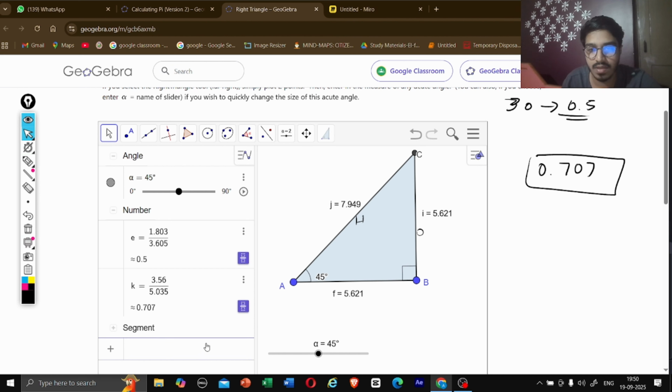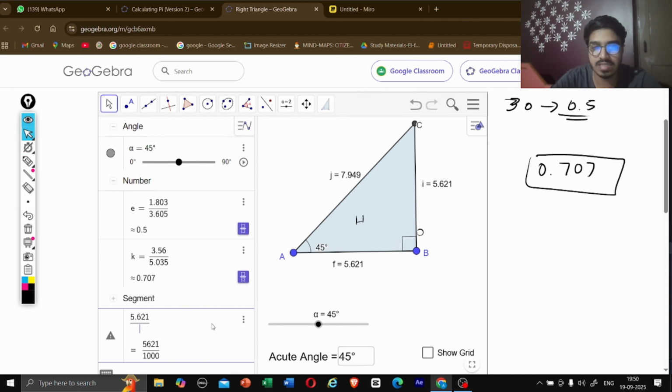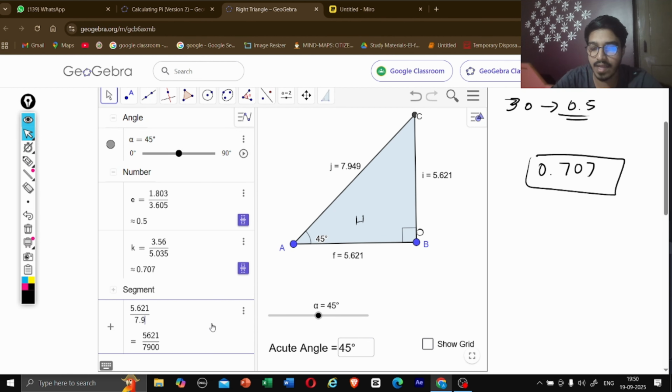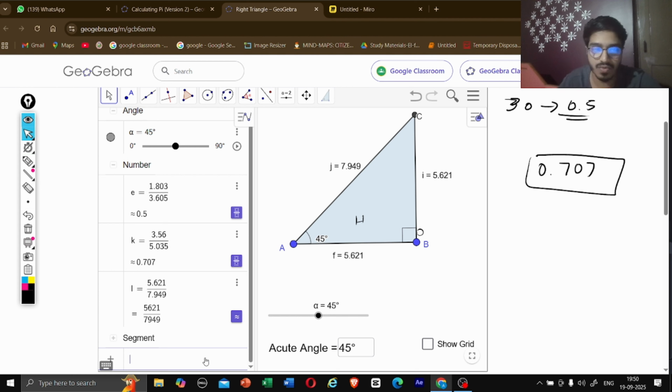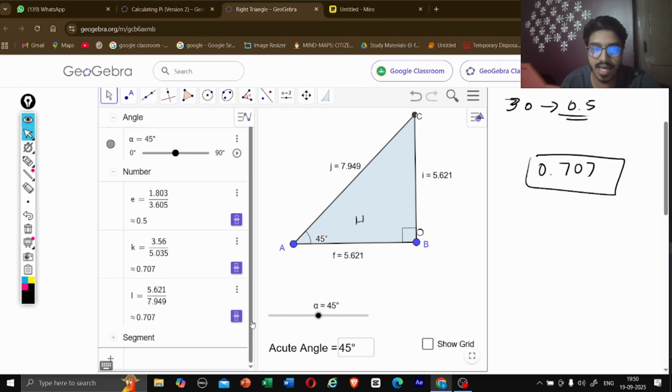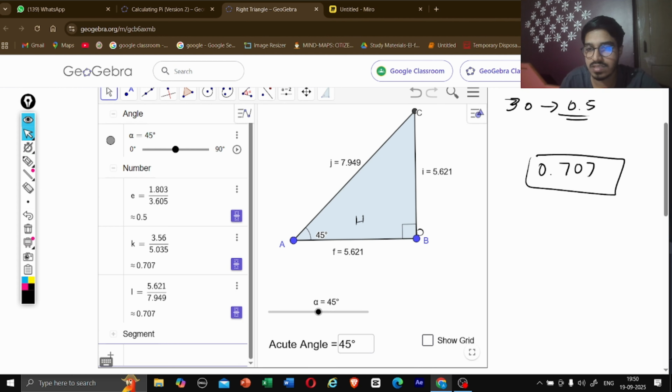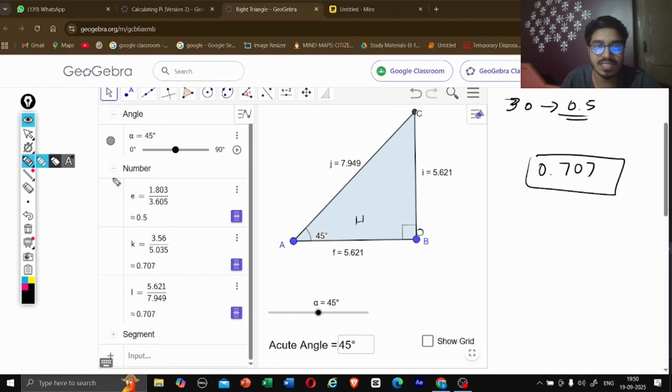Now I, that is the opposite side, is 5.621 divided by 7.949. What do we get? Again, 0.707.